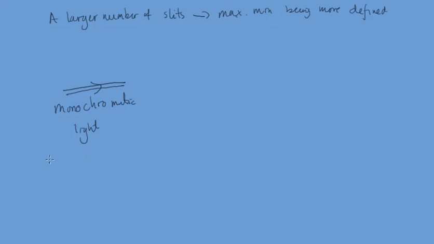So this is basically coherent light, single wavelength. Like from a laser is the best way of getting some monochromatic light.